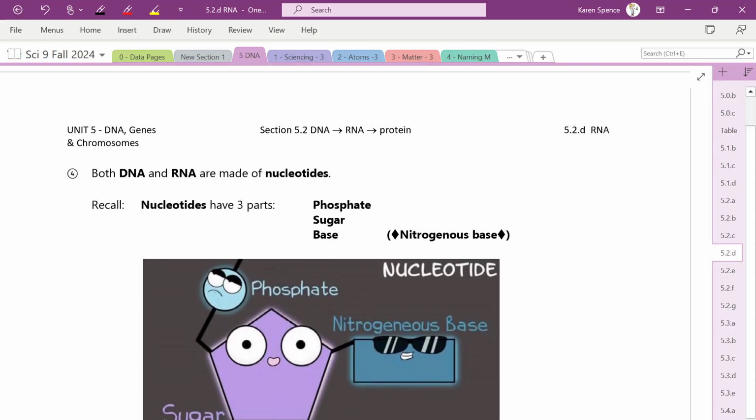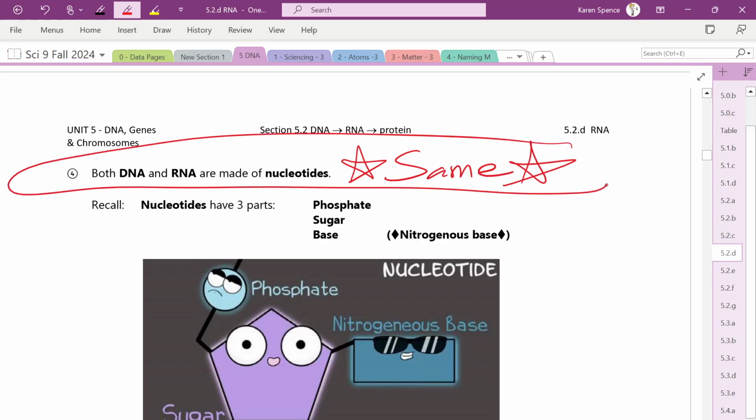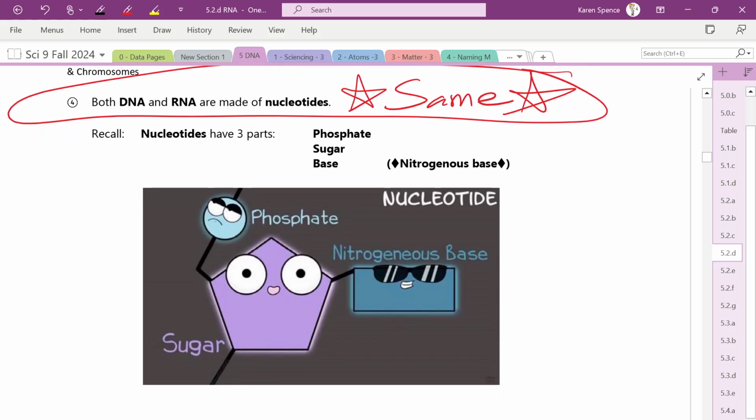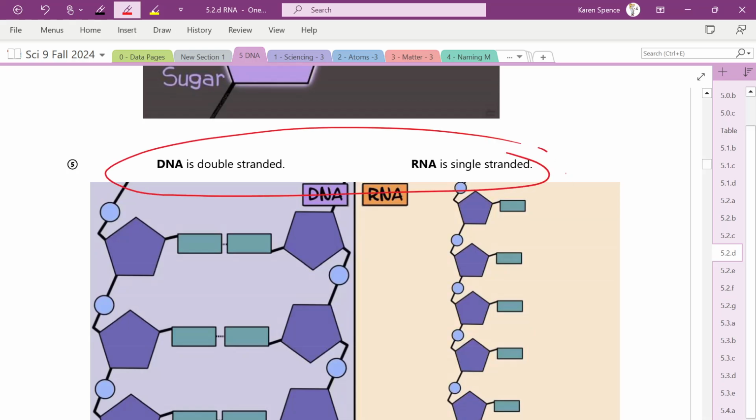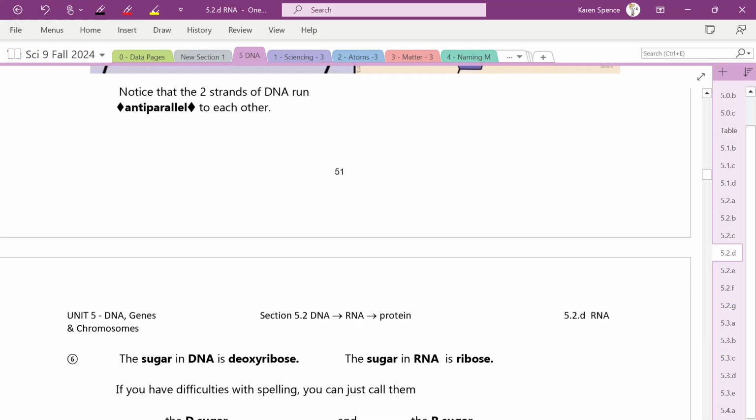Both DNA and RNA are made of nucleotides. So if you're like, what's something that's the same about them? This is something that is the same. Phosphate, sugar, base. Here's something that is different. Single-stranded versus double-stranded.